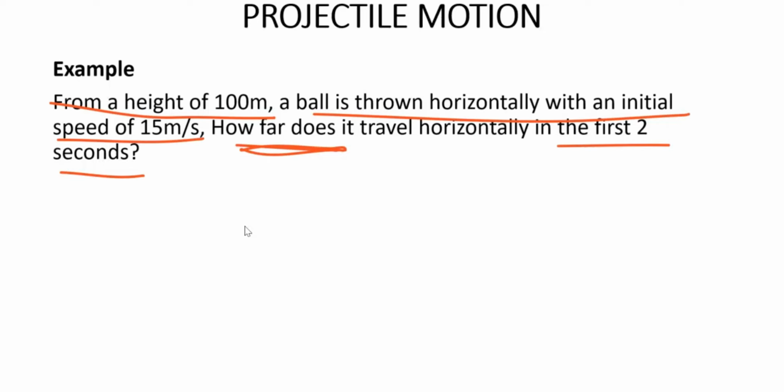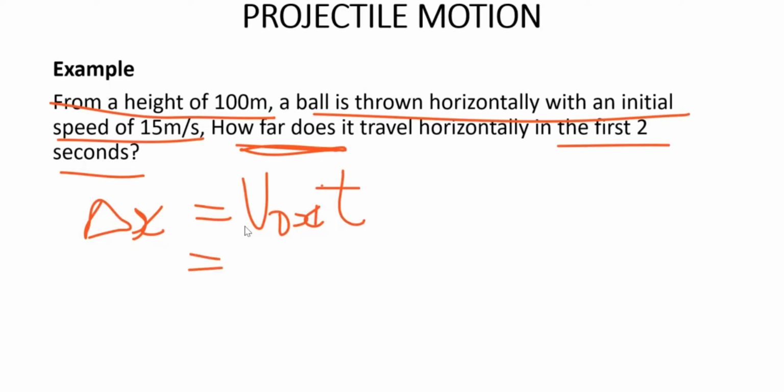That is, change in x is equal to V0x t, right? And that will give us our initial velocity on the x-axis, the horizontal, which is 15 meters per second.